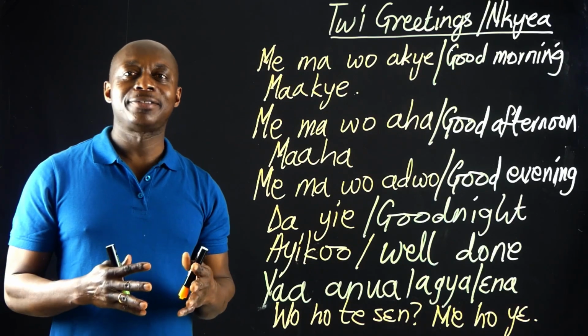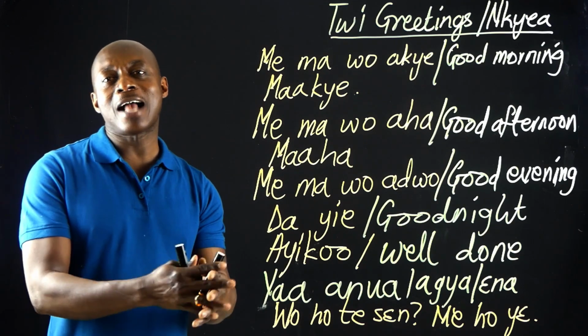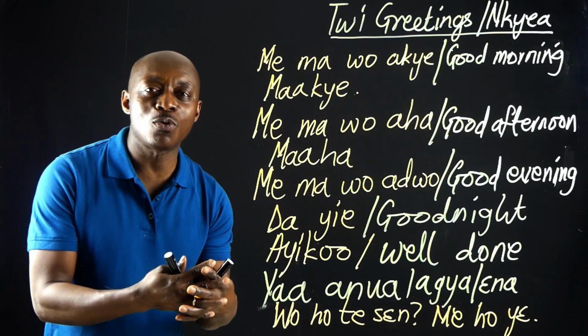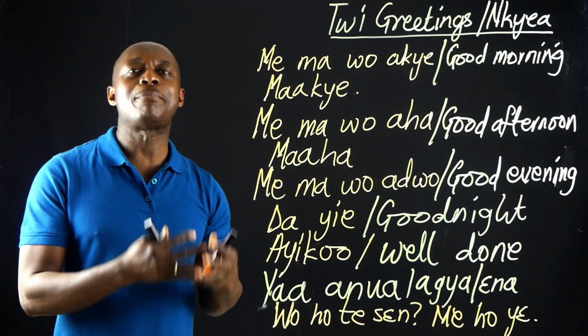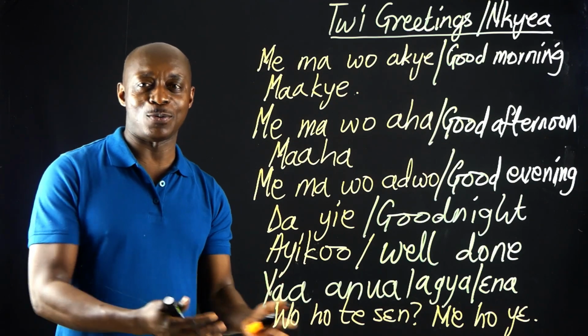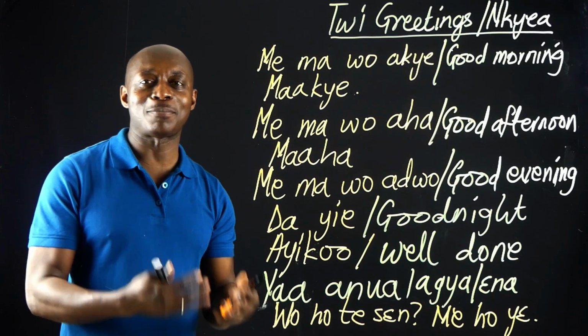After greetings, he or she can ask the elder, please, how are you? Me power chow, what to say? In that sense, it is culturally accepted.